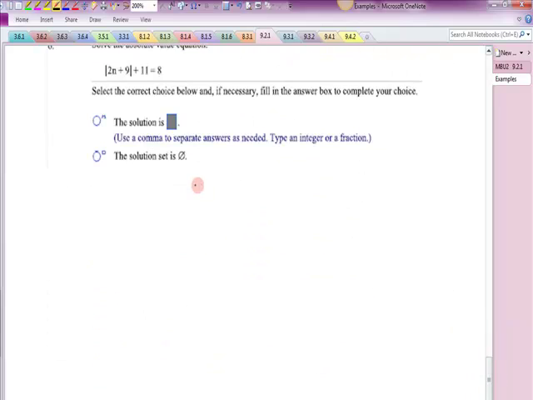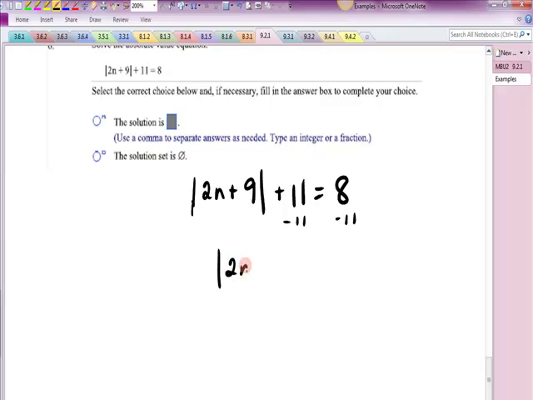All right, this one, I have the absolute value of 2n plus 9 plus 11 is equal to 8. I have to isolate the absolute value, so I'm going to subtract 11 from both sides. That means that the absolute value of 2n plus 9 is equal to negative 3.